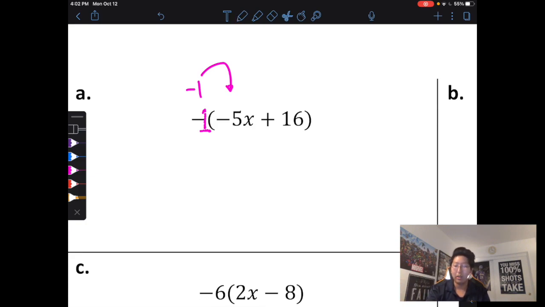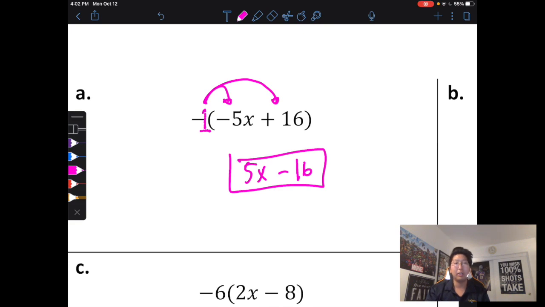So it's going to take the form of the opposite of everything inside. So a negative times a negative is a positive 5x, and a negative 1 times a positive 16 is negative 16. So hopefully this isn't confusing you. This is basically opposite land, right?